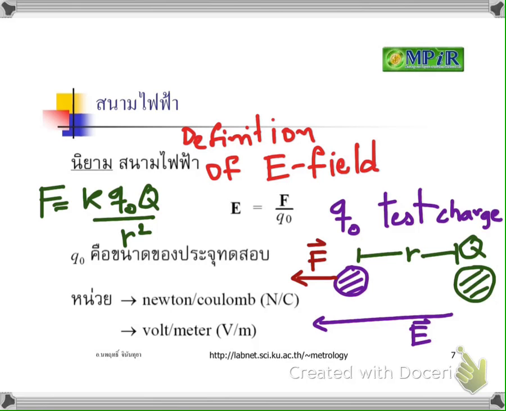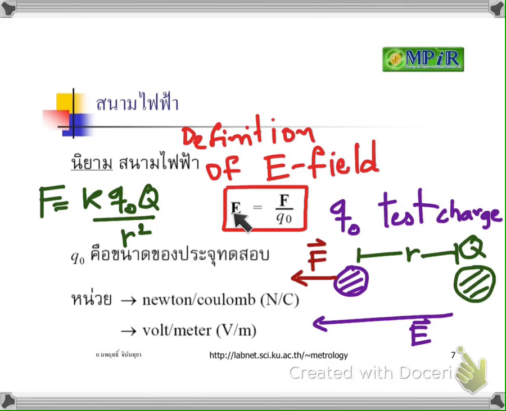So the way we define the electric field is that once we know the force on the test charge, we divide it by the charge of the test charge. And this ratio F over Q0 is defined as the electric field. Okay? The ratio of F over Q0 is defined as the electric field.